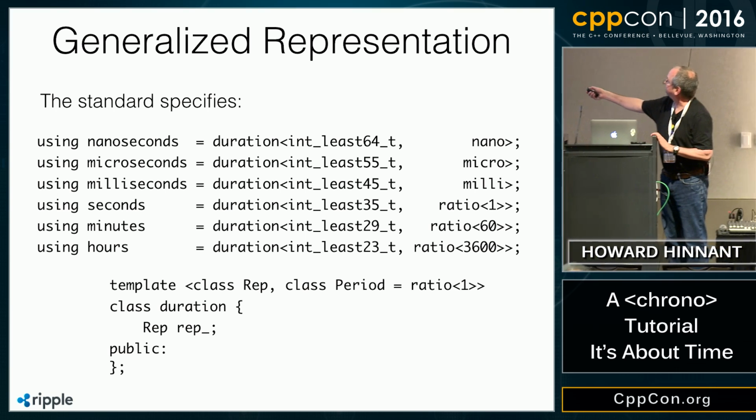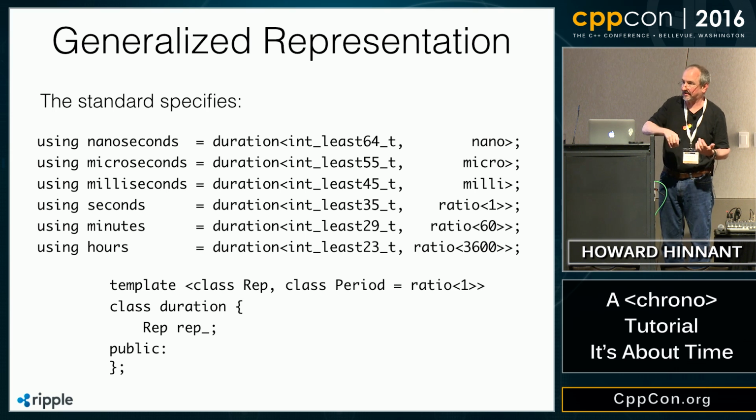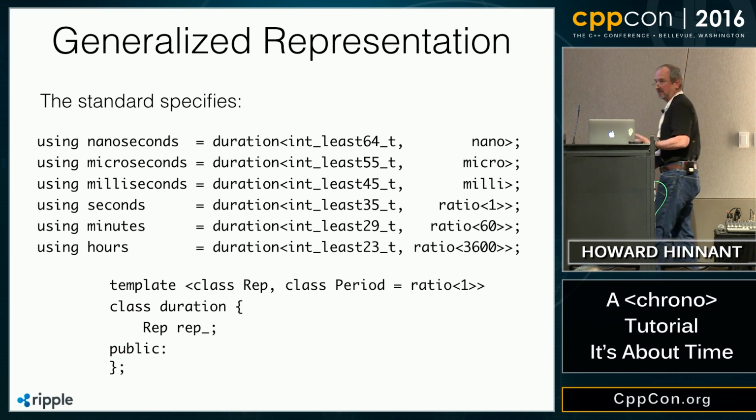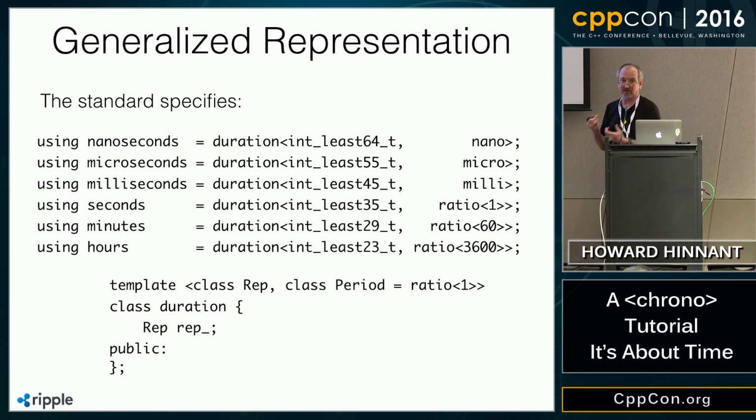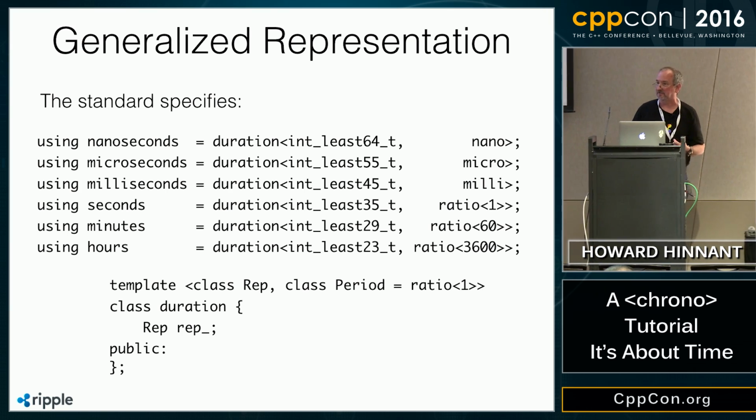And then for minutes, ratio of 60 seconds per minute. For hours, ratio of 3,600 seconds per hour. And it's these ratios that make all the conversions work. The compiler will say, oh, I see hours has this ratio and nanoseconds has that ratio. So I divide these 2 ratios at compile time, and that's how I figure out how to convert hours to nanoseconds.